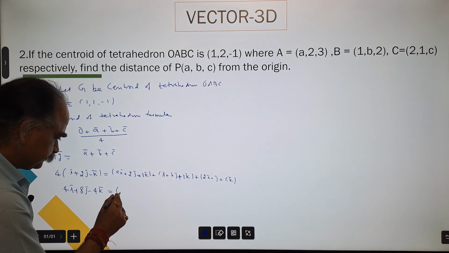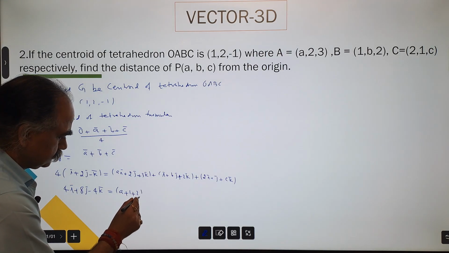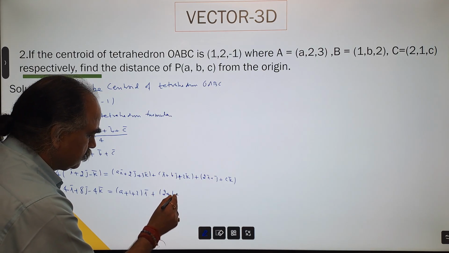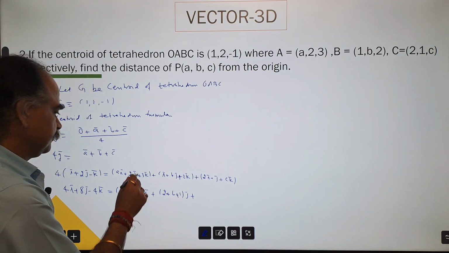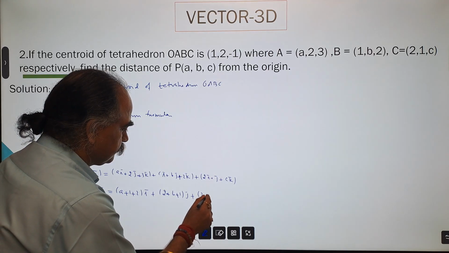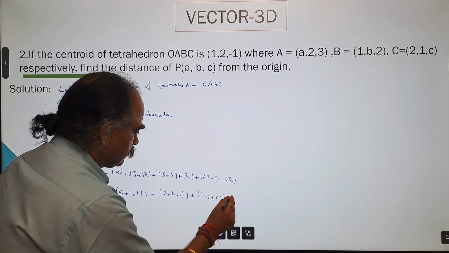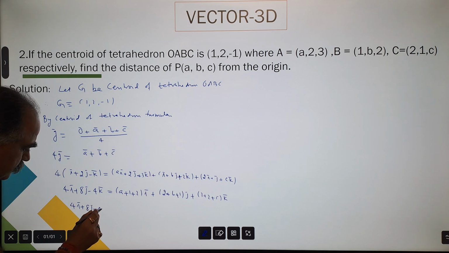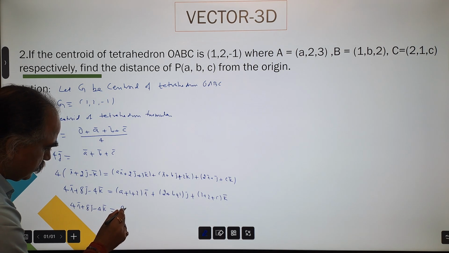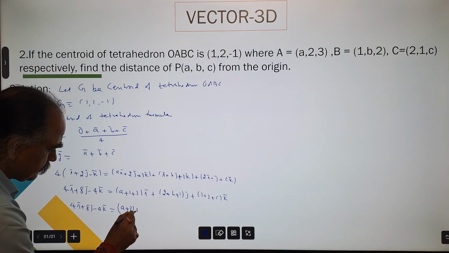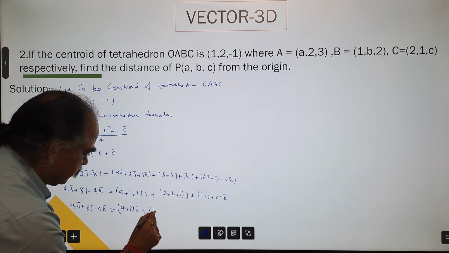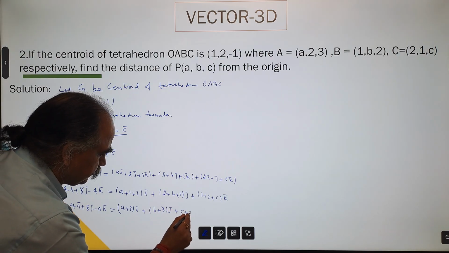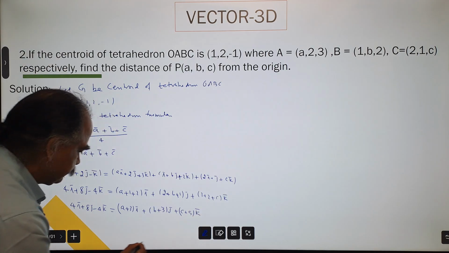A plus 1 plus 2 I bar, plus 2 plus B plus 1 J bar, plus 3 plus 2 plus C. So 4I plus 8J minus 4K is A plus 3 I bar plus B plus 3 J bar plus C plus 5 K bar.